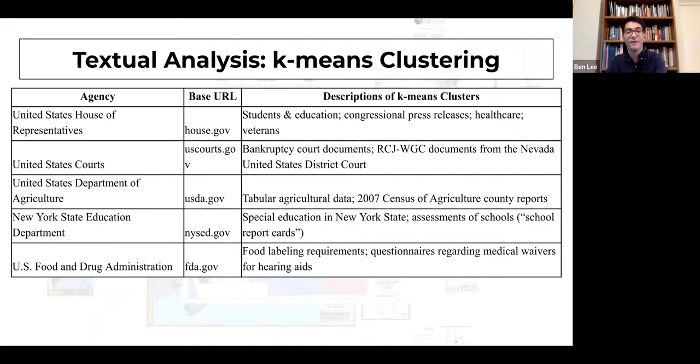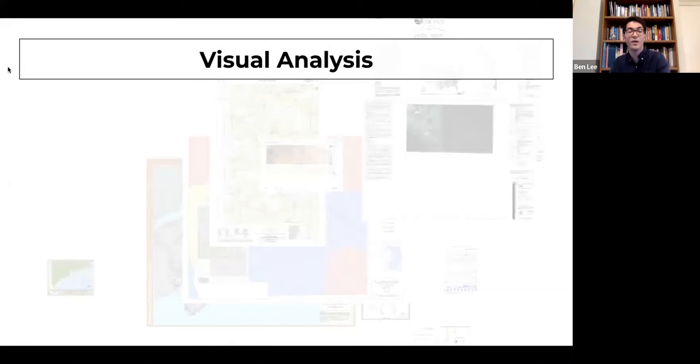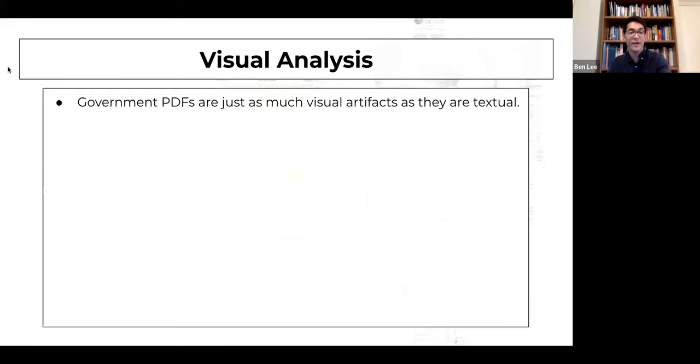For house.gov, we find clusters related to students and education, congressional press releases, healthcare, veterans. For FDA.gov, we find food labeling requirements, questions regarding medical waivers for hearing aids. And so once again, what we're finding are patterns among documents that can't necessarily be inferred through existing metadata alone. Lastly, I want to turn to visual analysis.